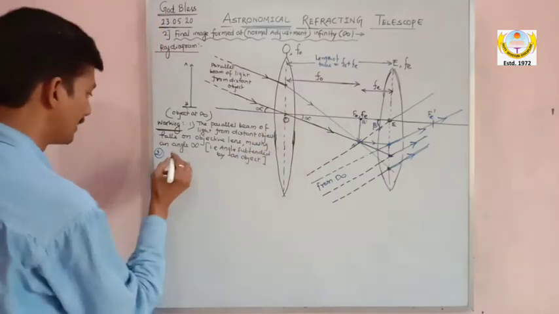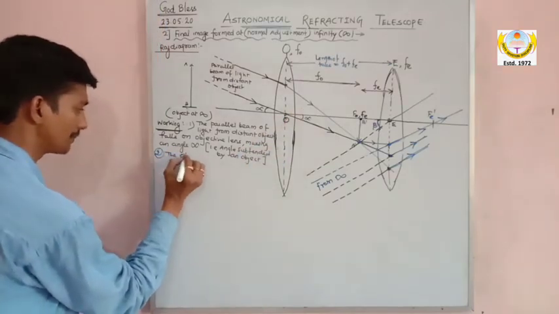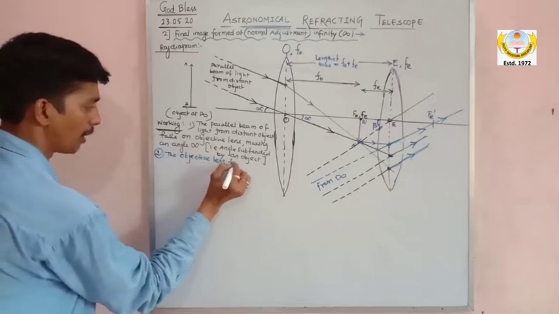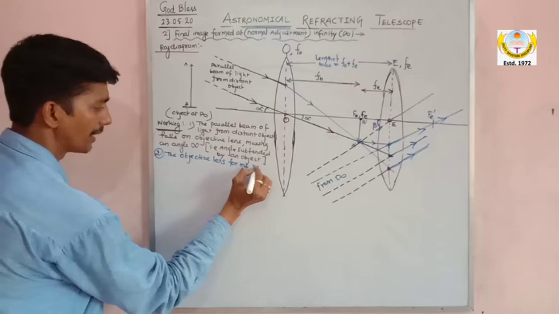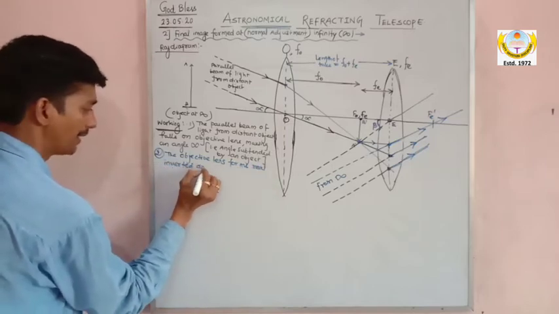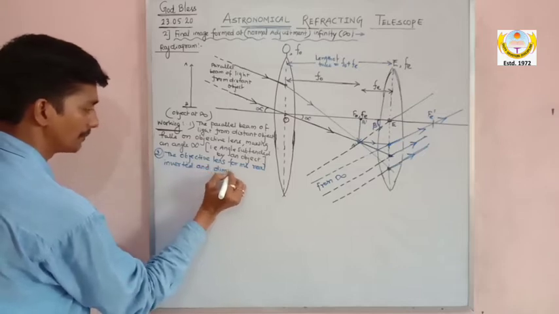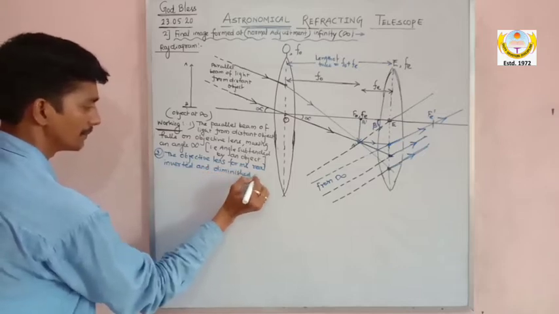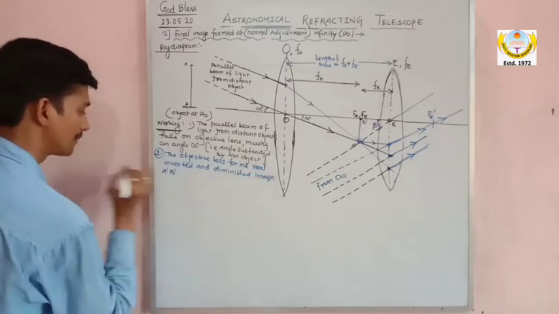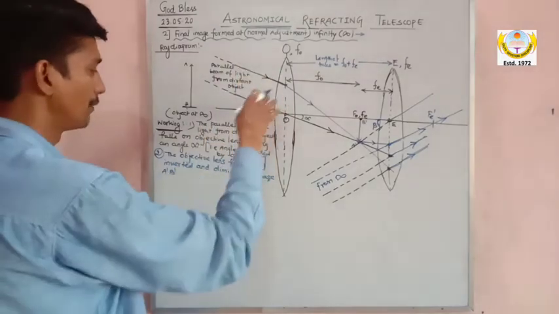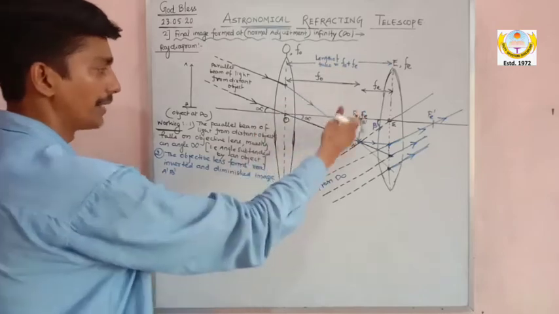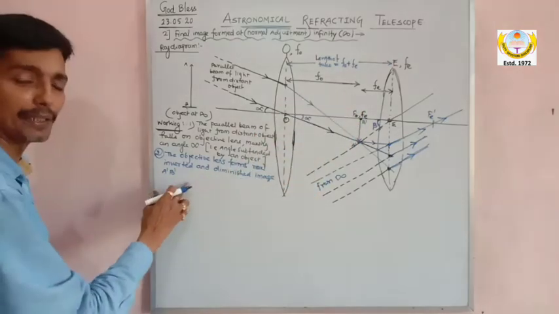So the objective lens forms a real, inverted and diminished image A dash B dash.